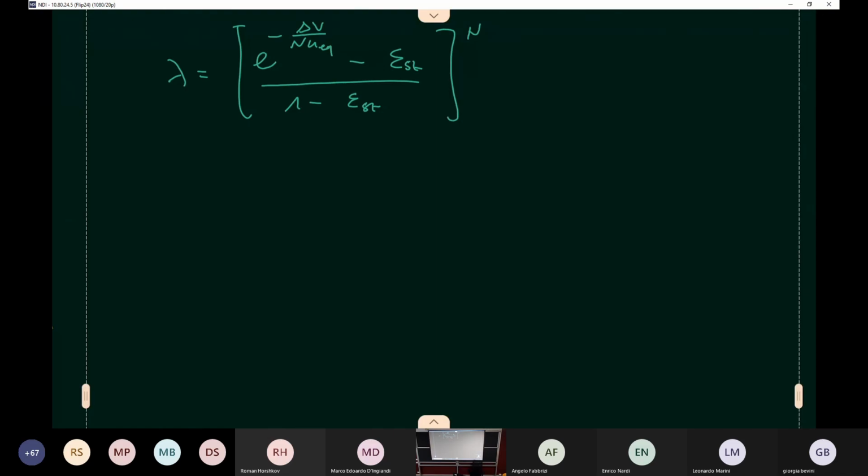If we plot, we cannot do this because, of course, n is not a continuous variable, it's a discrete one, but we can, in principle, see how this function behaves, and we can easily see that we have a behavior of this kind.